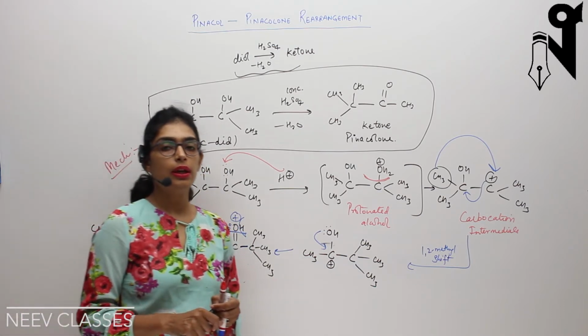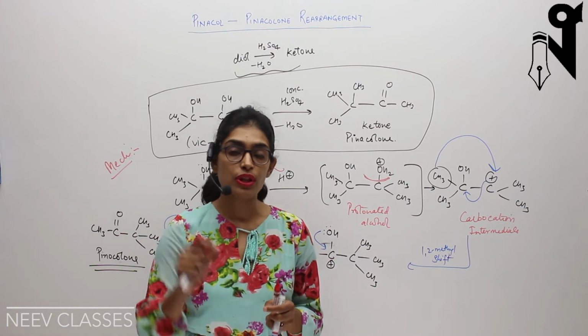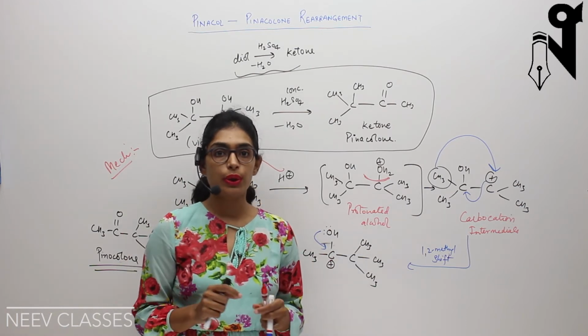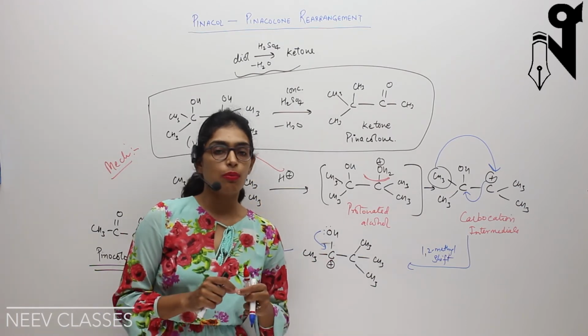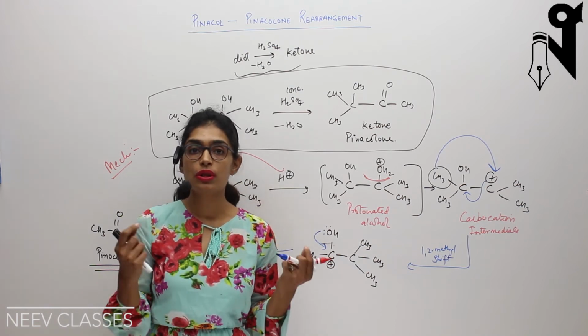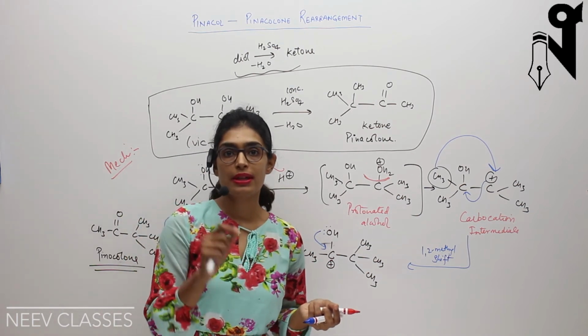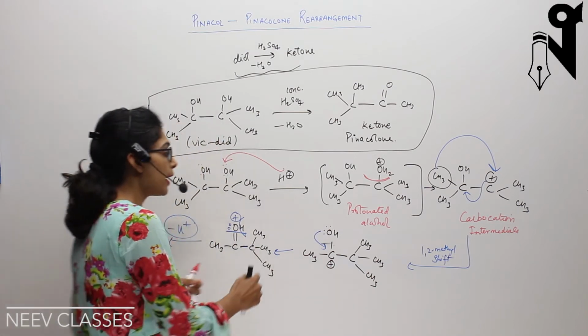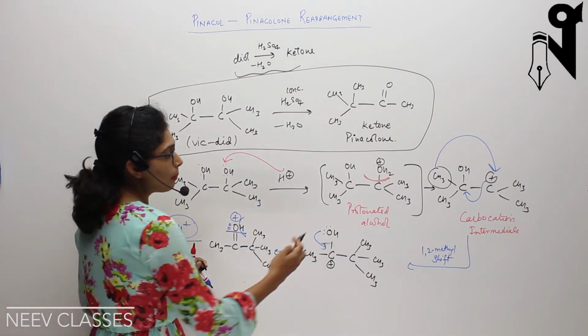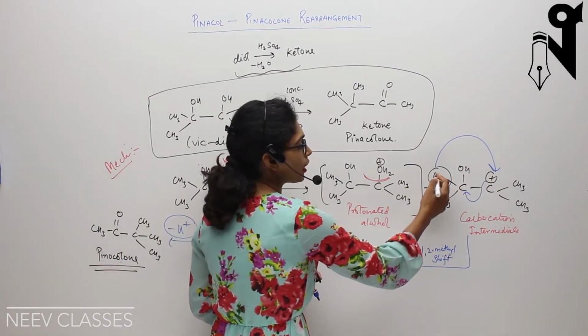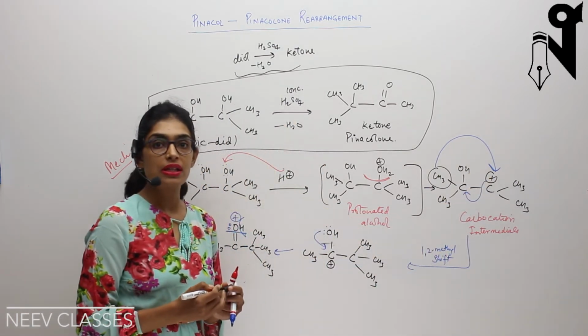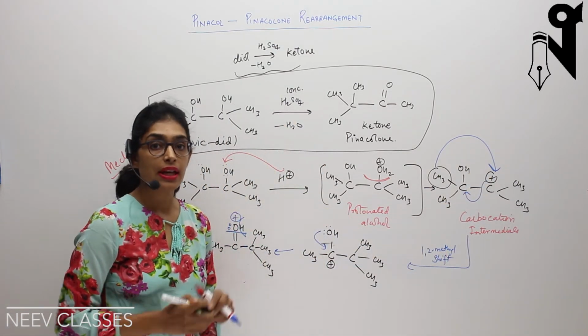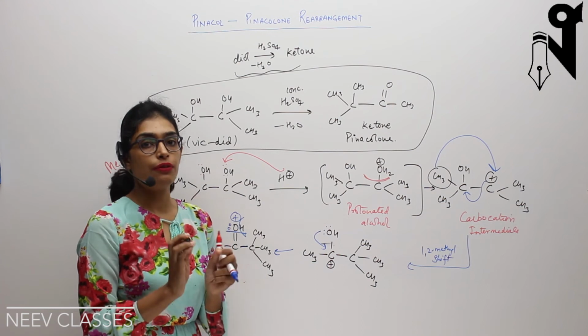So the migratory aptitude, which I had mentioned in the class, is not followed in most of the reactions, because in most of the cases when migration happens, that step is fast. But here, migration of CH3 or migration of a species to stabilize the carbon is a slow step, and hence migratory aptitude will be strictly followed.